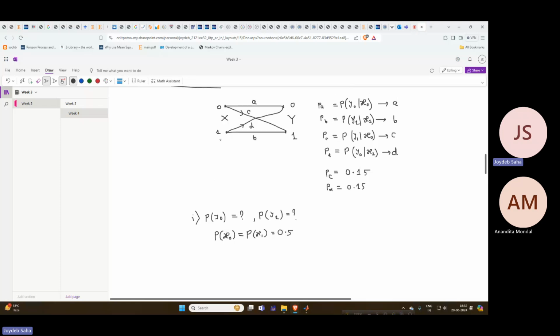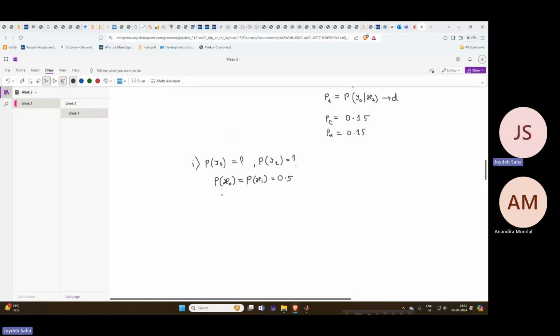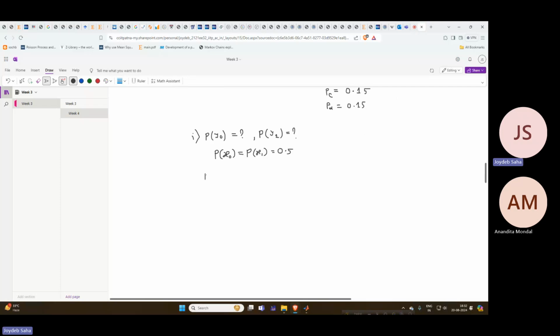Both have equal probability that the input will be 0 or 1, as there is no bias. Now we have to calculate probability of y0.